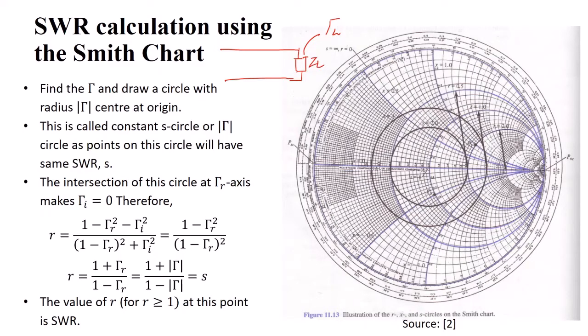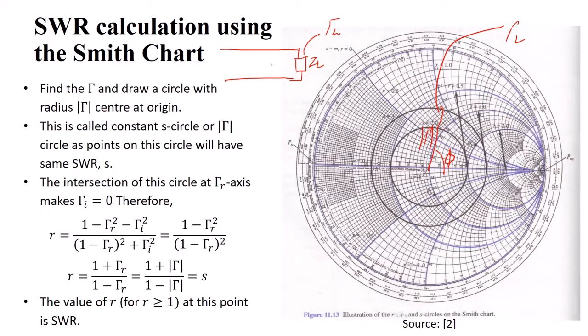Once you find it, for example, some particular value, this is the point here. So this will be gamma L. This is the magnitude, and here this will be the phase phi or theta.